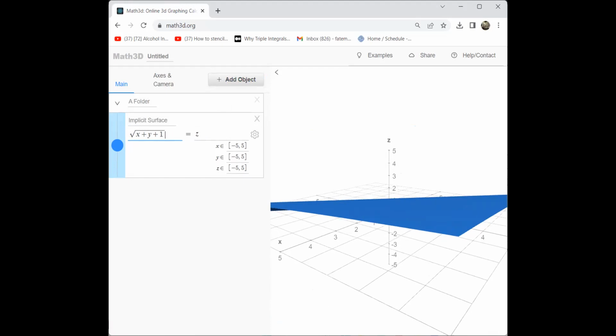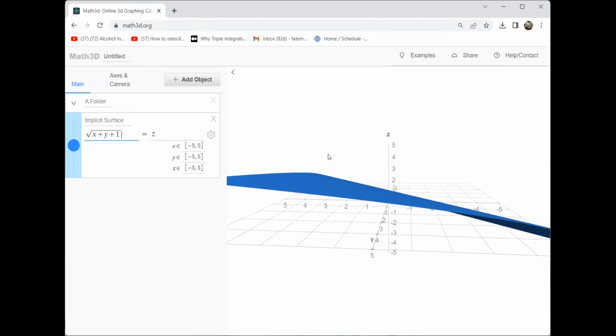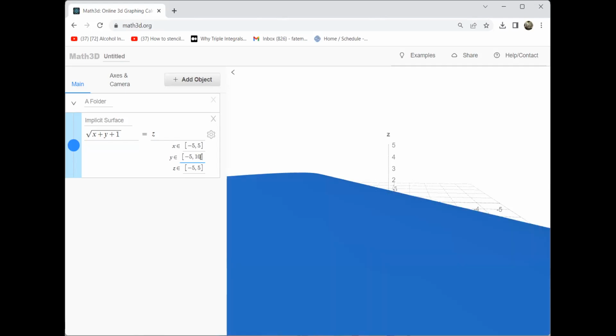So this is a rough sketch of this object. You can increase the scale, for example to 7, and have more visualization.